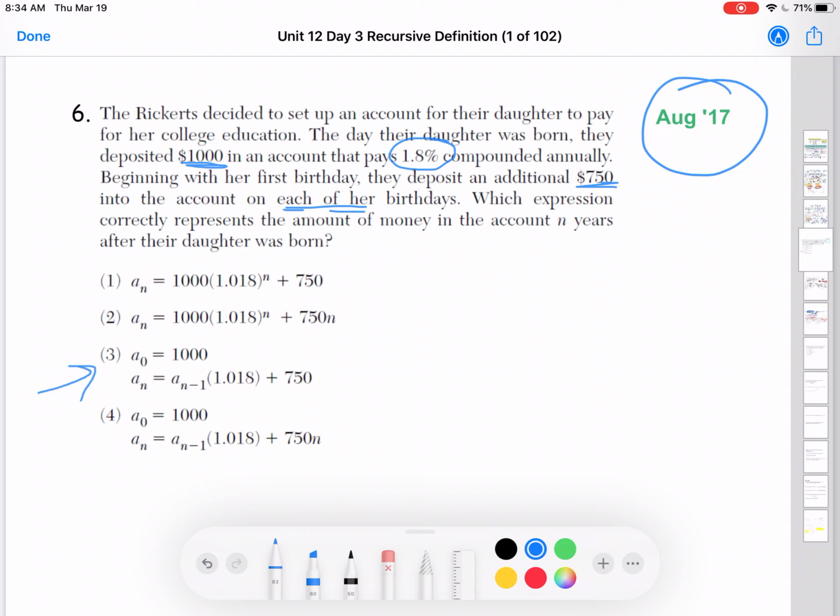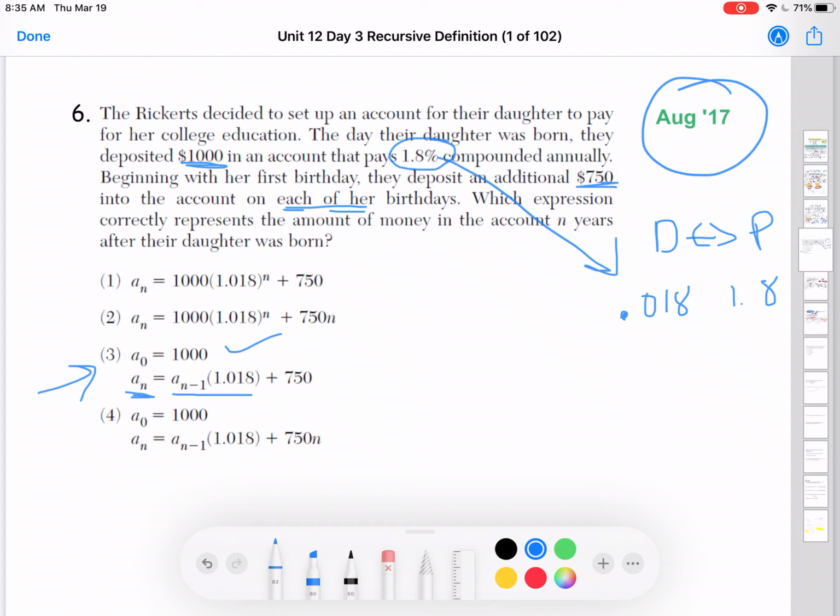Right? I'm starting out with 1,000, and then the next term is going to be the one before it times, remember how to do this from the other day, from lesson 2, decimal to percent. If I have 1.8%, move it over 2 places, and we're going to have 0.018.